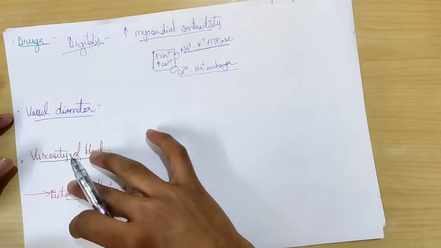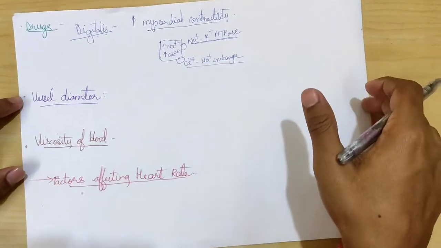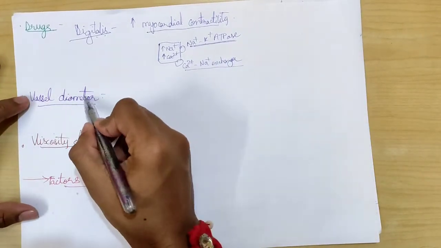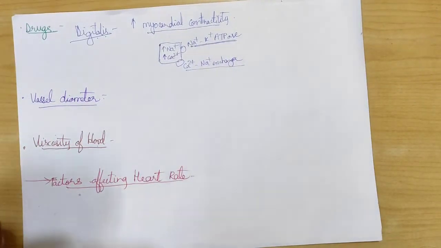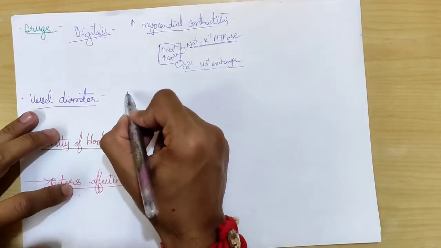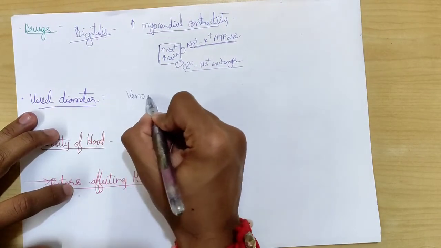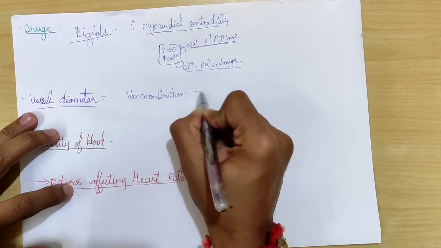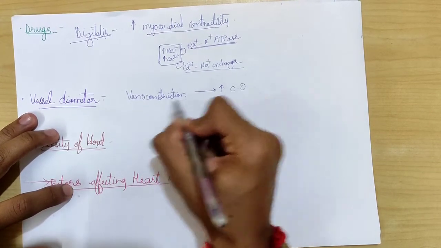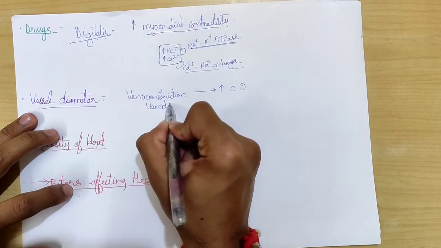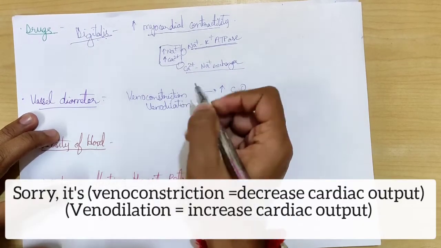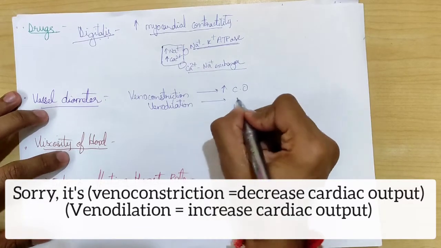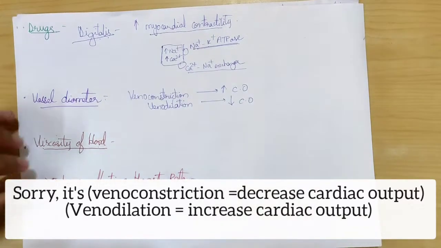So the next factor is the afterload. The factors affecting the afterload are vessel diameter and the viscosity of the blood. Whenever there is vasoconstriction, the vessel diameter decreases and therefore there will be an increase in the cardiac output. Whereas in vasodilation, the vessel diameter increases and therefore the cardiac output decreases.